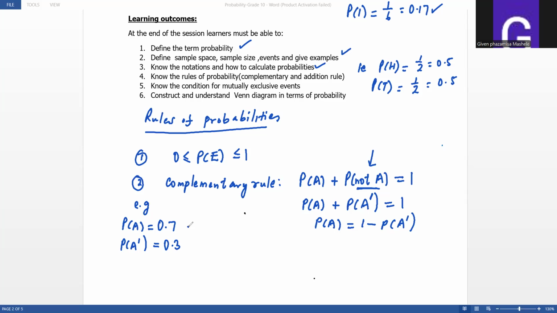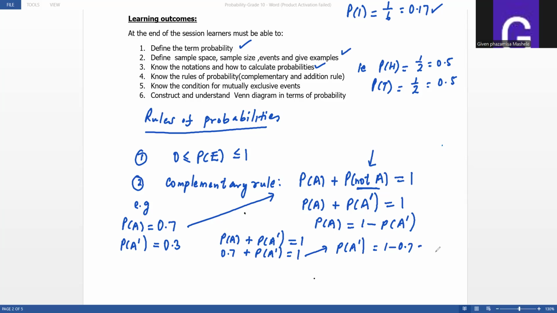To prove it, the probability of A plus the probability of not A should equal 1. Since we know the probability of A is 0.7, we transpose the 0.7 to the right-hand side. Then the probability of not A is 1 minus 0.7, which is 0.3.